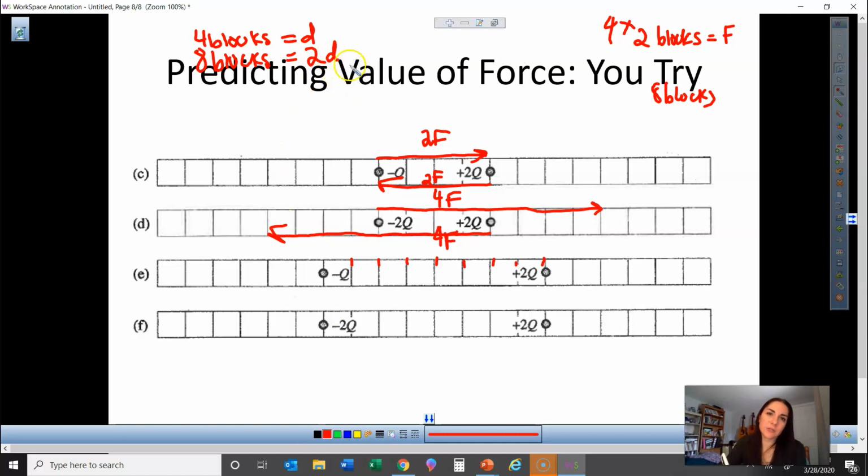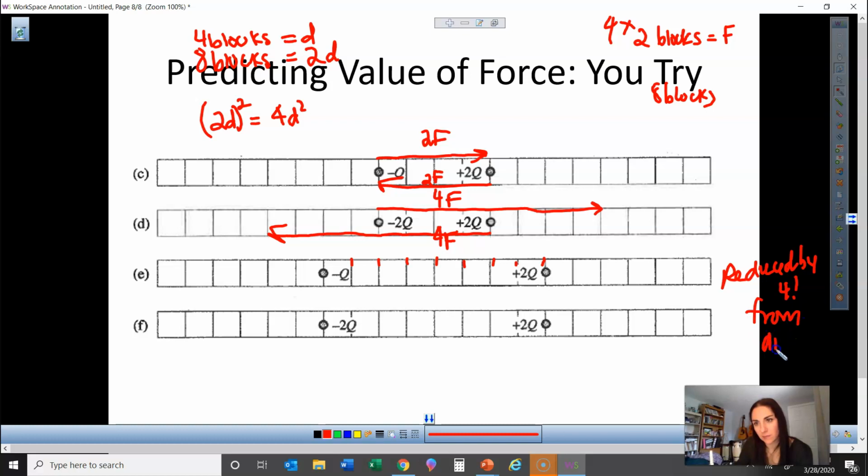So if I double the distance, remember, and we square it, it becomes 4d squared. Or in other words, this is going to be reduced by 4 from distance, but increased by 2 from charge. So that's fun, right?